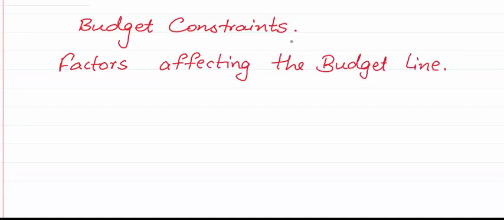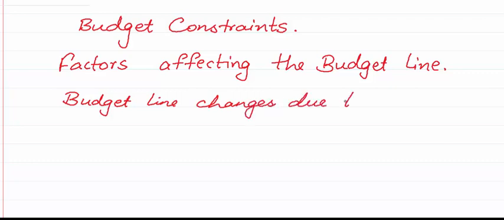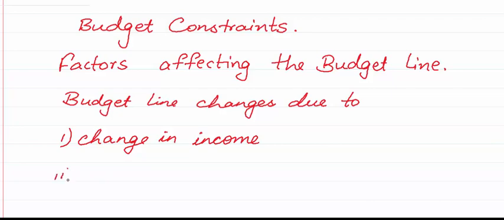In the last video, we have already seen that the budget line of a consumer can change due to two major factors. The first being change in income of the consumer, and the second being change in price of either commodity.